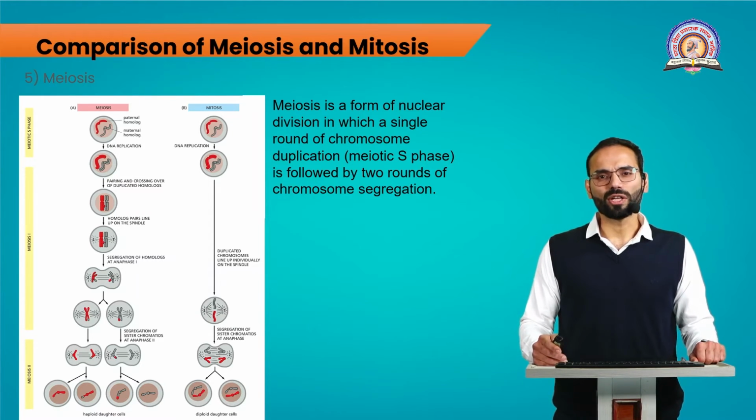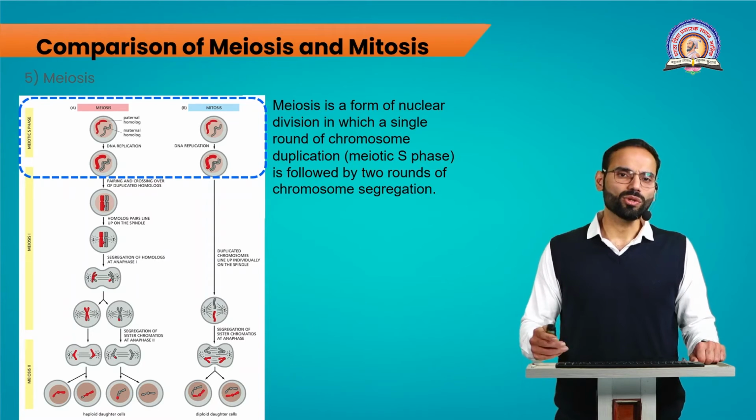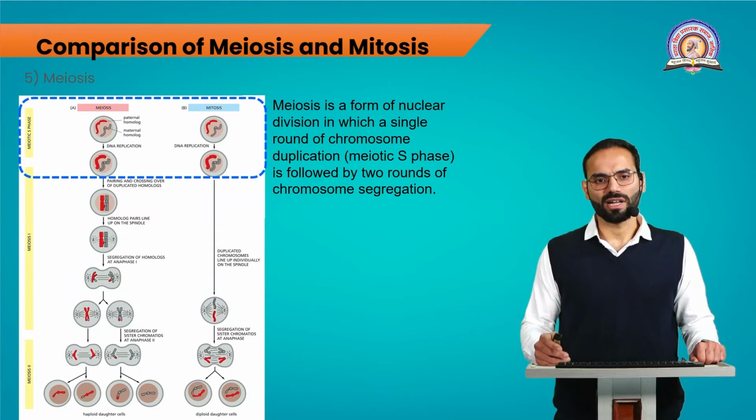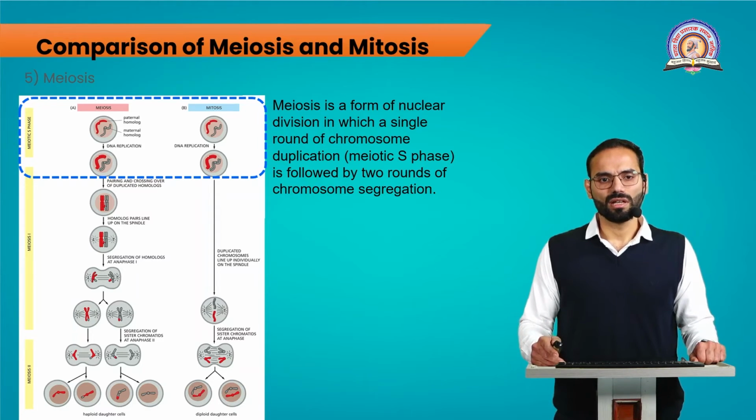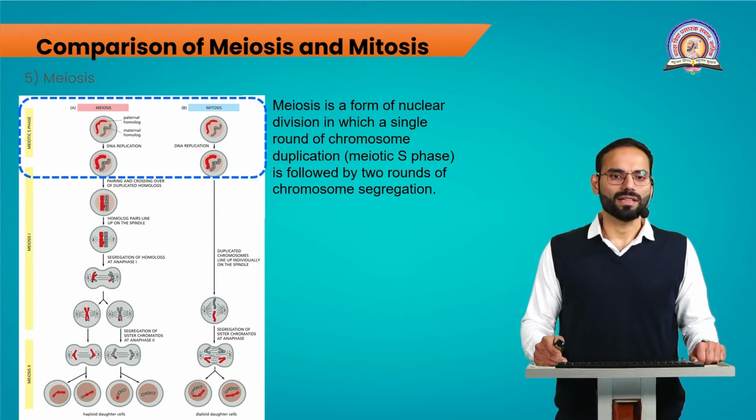This is a pictorial representation where the fate of a single homologous chromosome is followed during meiosis as well as in mitosis. During meiotic S phase, as in mitotic S phase, the DNA replication happens. And as we can see here, there is red and gray color.